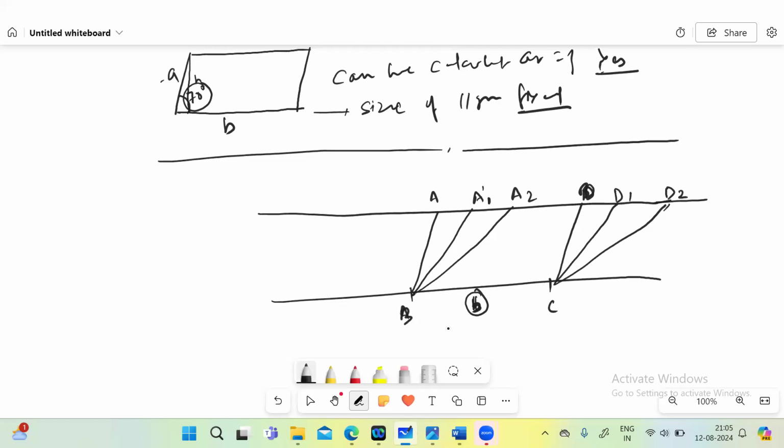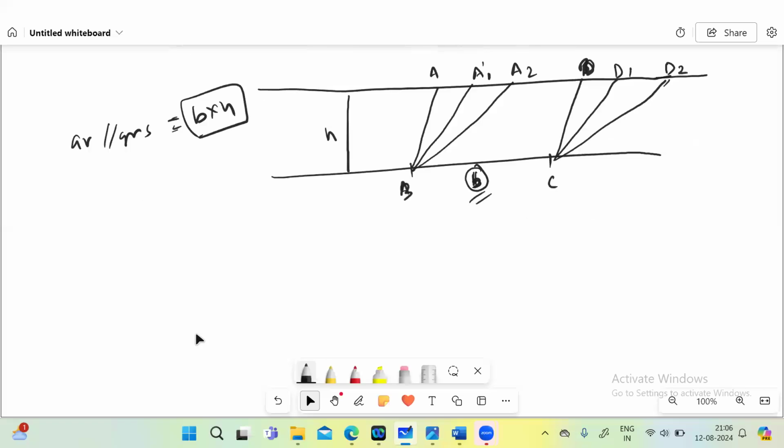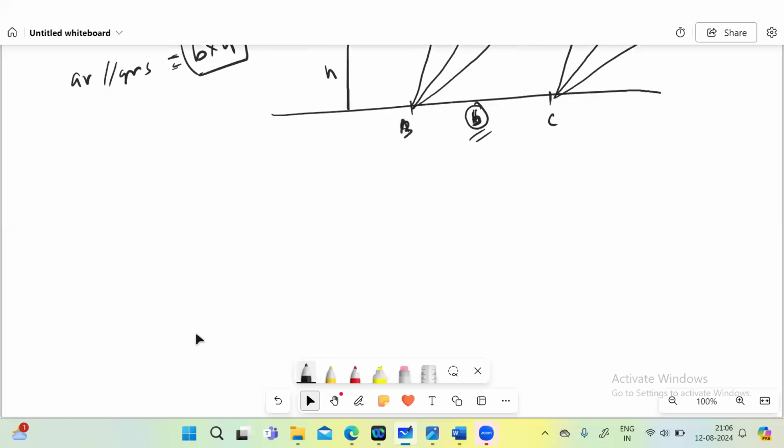In all these parallelograms, the base is B and the height is H. So all the parallelograms will have area as what? B into H, like we have calculated. So this is another important fact which you need to know.